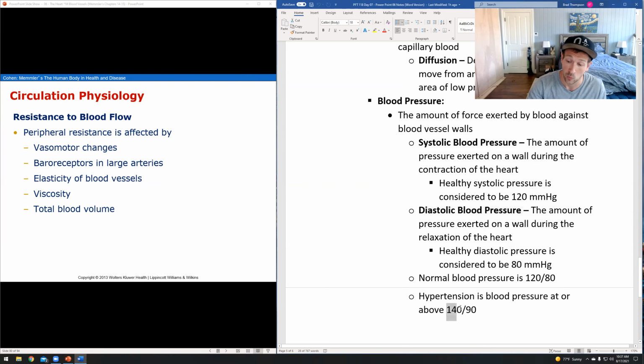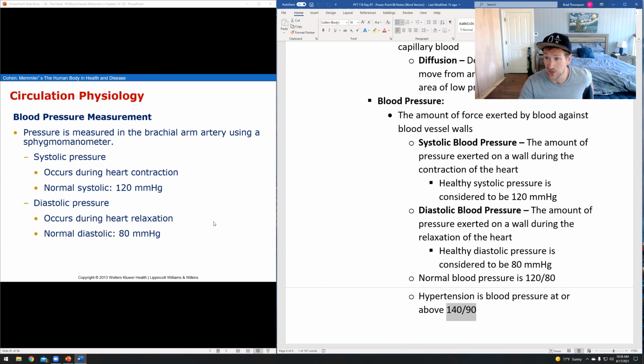Now, if it's as high as like 140 over 90, because maybe there's resistance to that blood, maybe you have less blood right now, maybe you just didn't drink enough water, so your blood volume's a little bit low. Maybe your blood vessels are not very elastic because you have a super high sodium diet. And so that sodium is starting to build up little crystals on your blood vessels and now stiffening them and making them harder.